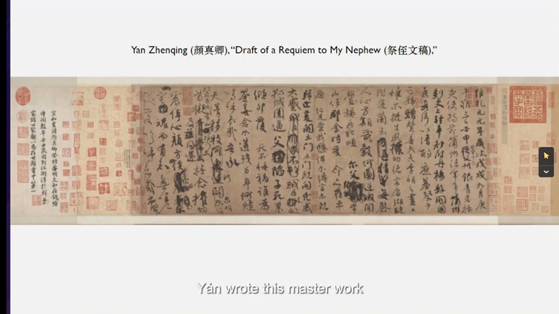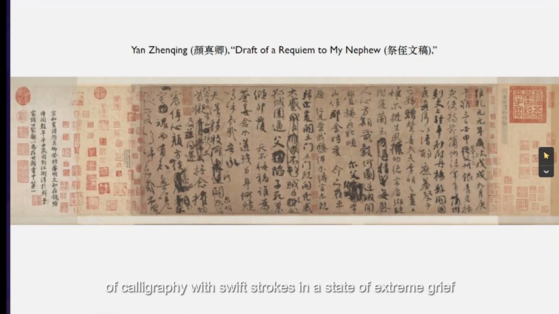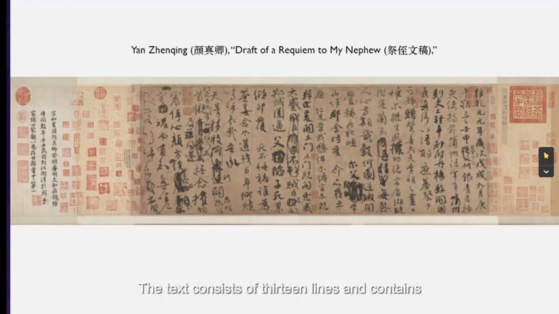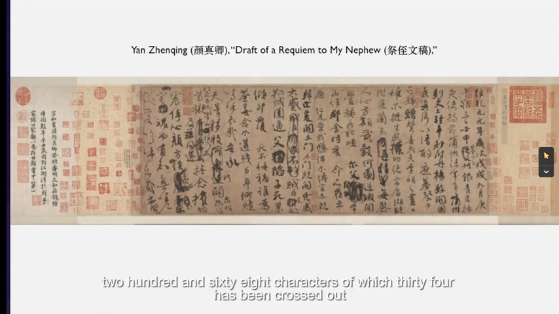Yan wrote this masterwork of calligraphy with sweeping strokes in a state of extreme grief and anger. The text consists of 13 lines and contains 268 characters, of which 34 have been crossed out.